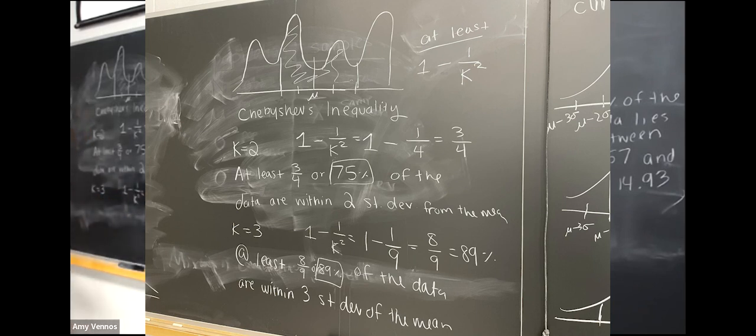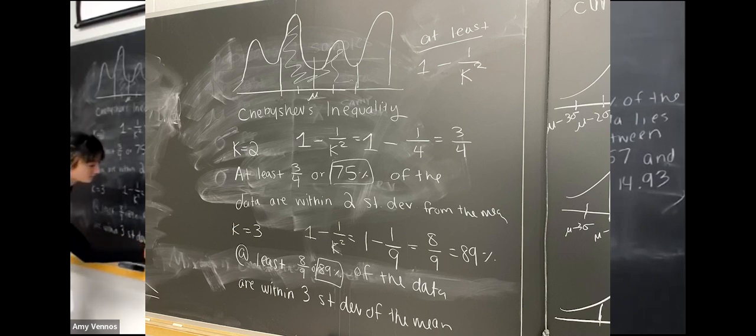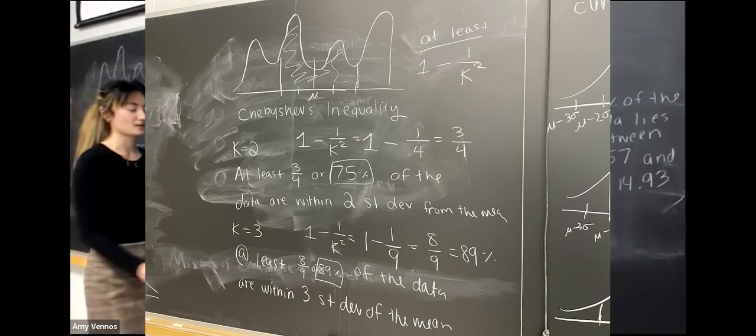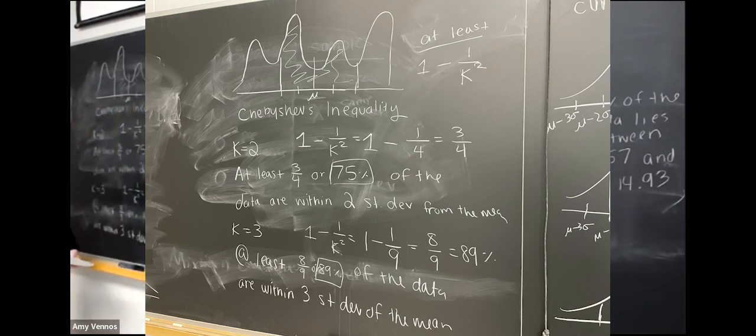Okay, so using our rule, at least 89%, 8 over 9 or 89%, of the data are within 3 standard deviations. Okay, so kind of like the third graph. If we shade in 3 standard deviations away from the mean, we get 89% of the data at least.